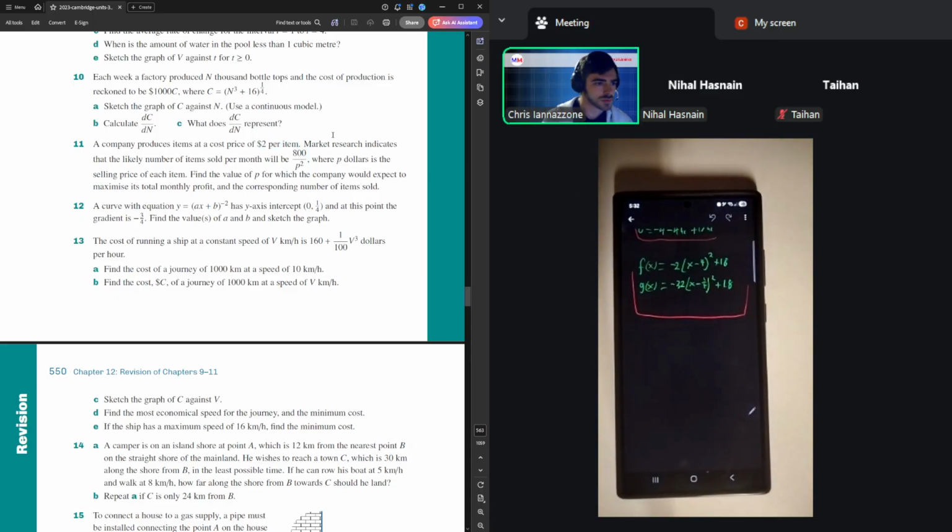How do you mean, sorry? If items, let item be X, then 2x, $2 per item. Yeah, okay, fair enough. So you've got this cost that is proportional to the number of items that you have.